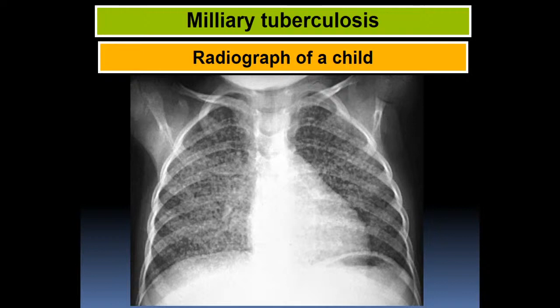On X-ray in miliary tuberculosis, we can see a symptom of dissemination, and we can see many small focal shadows. What is characteristic of these shadows? First of all, shadows are the same in density, because this form of TB is a generalized form as a result of hematogenous dissemination.